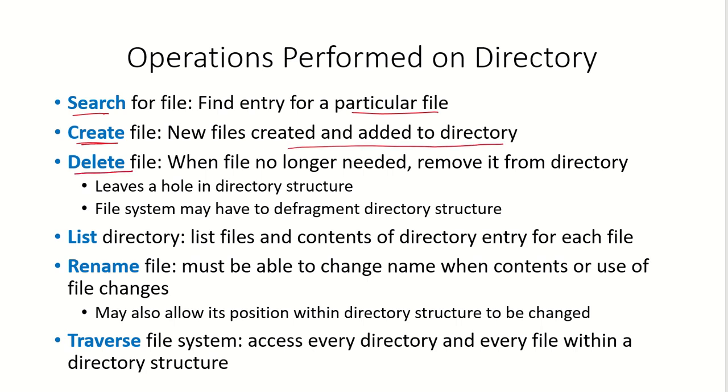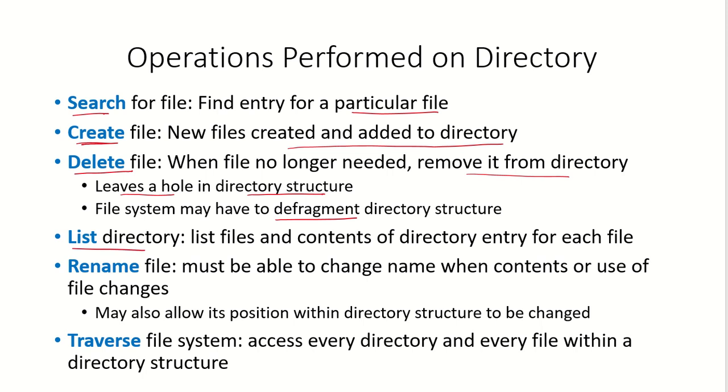Files can be deleted. If a file is no longer needed, it will be removed from the directory. This will leave a hole in the directory structure, and then the file system may have to defragment the directory structure to take care of the fragmentation or the holes.